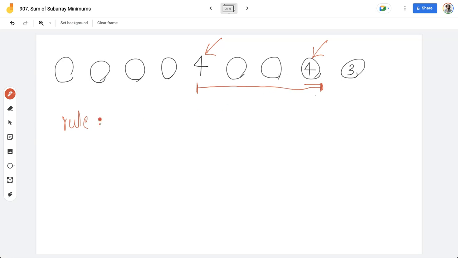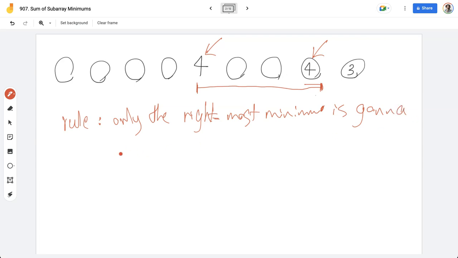We are gonna say only the rightmost minimum is going to be considered as contributing to the total sum.